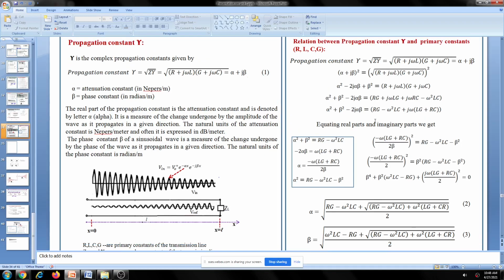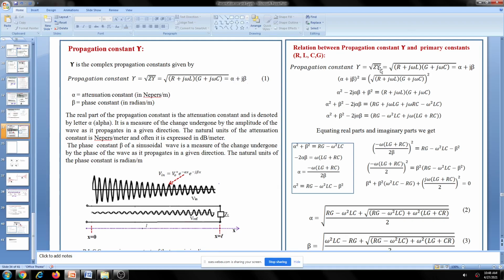You can see here gamma is the square root of ZY, which is alpha plus j beta. So this is one word we have, alpha plus j beta. If you take this equation and square both sides, we will be getting this equation.